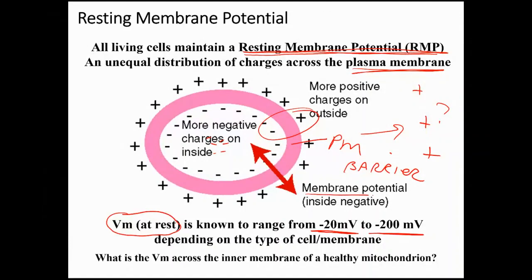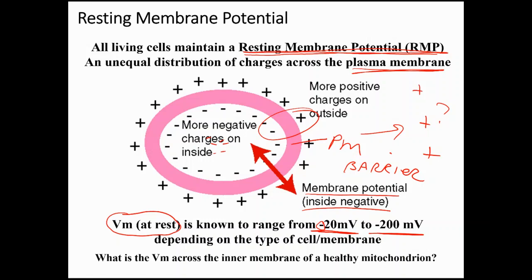The sign that they give you for the membrane potential is whatever is considered to be the charge of the inner compartment. So because the cytosolic side of the membrane is negative compared to the outside of the plasma membrane, that's why it's negative 20 millivolts to negative 200 millivolts. It's always negative on the inside compartment of the membrane, and relatively positive on the outside.